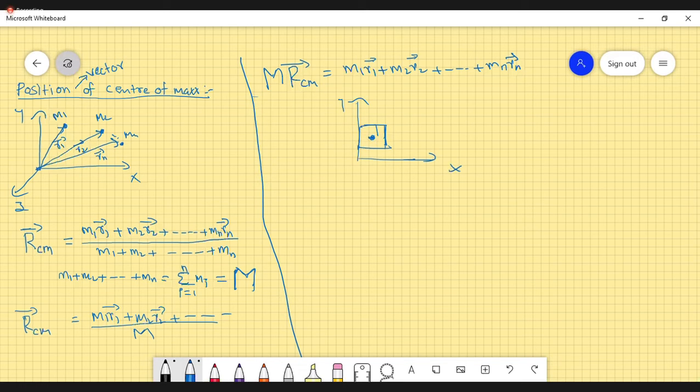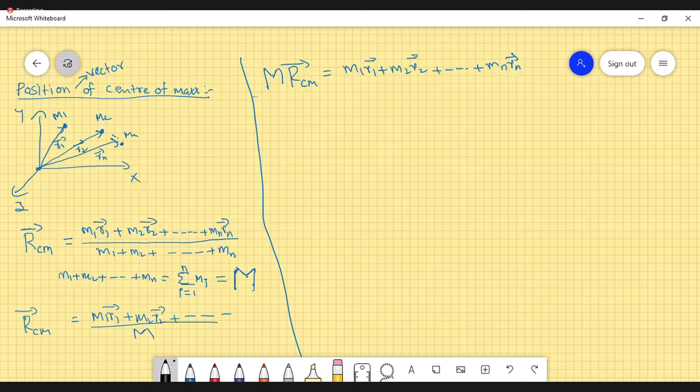If the object is in motion, the position of the center of mass also changes. In such cases, if position changes with respect to time, we have to define other variables, that is velocity, acceleration, etc.